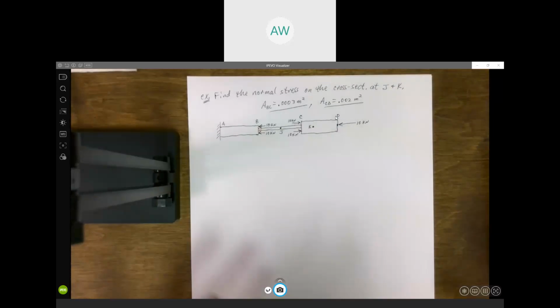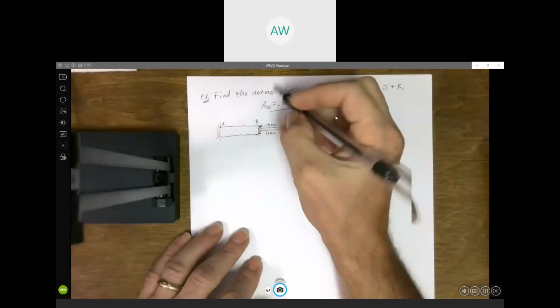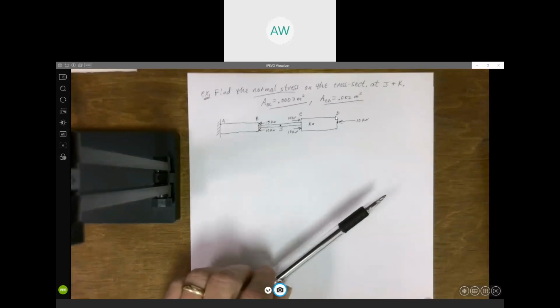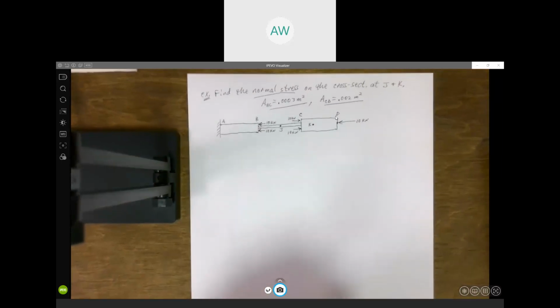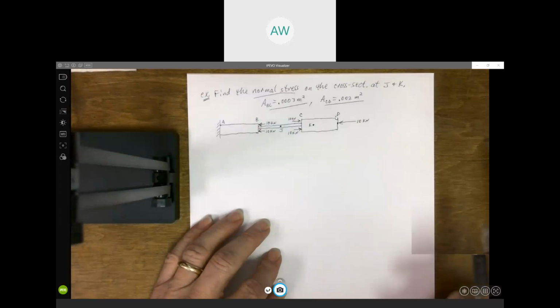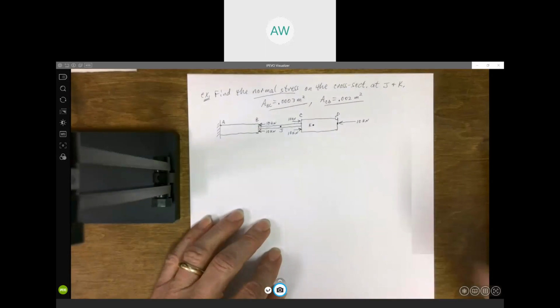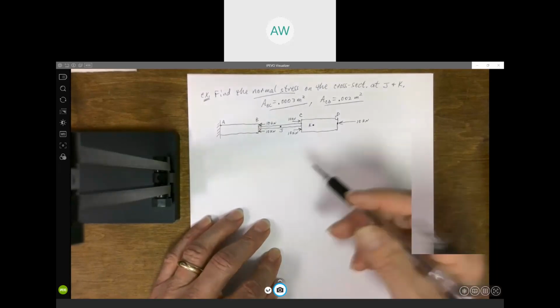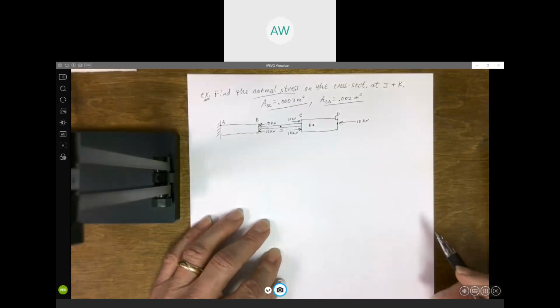If you remember, to calculate normal stress, which is what we're trying to find, we need the normal force, and we divide it by the area. The area is given, so the work we have to do is to calculate the normal axial force acting on the cross section at those two points, J and K.